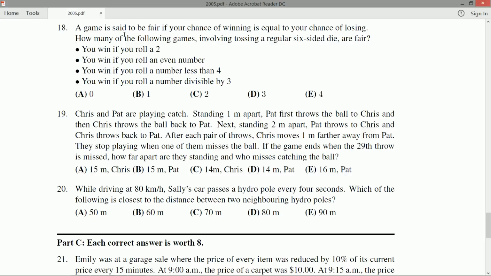So, what we're going to have to do is find a relationship between which throw is being done and how many meters apart they are. For example, for the very first throw, they're 1 meter apart. And then for the second throw, which is Chris throwing back to Pat, they're still 1 meter apart. Then for the third one, now they're 2 meters apart.